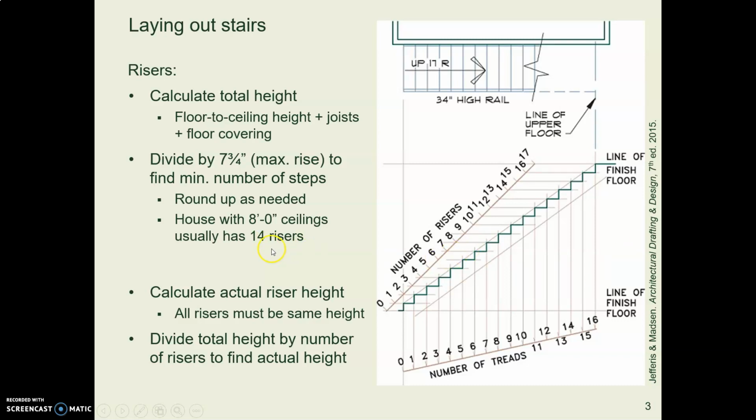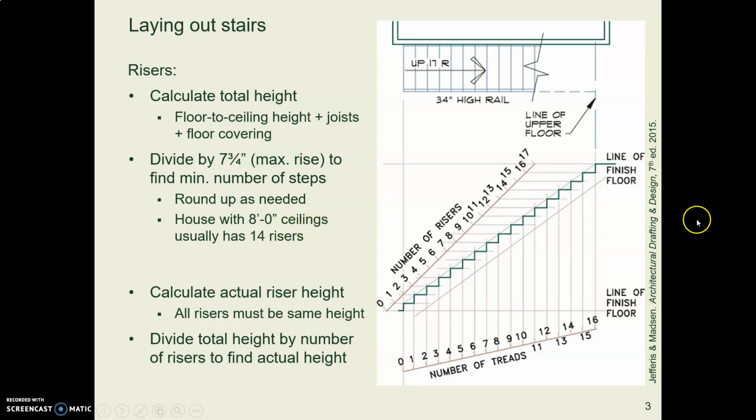So let's say you took your total rise, you divided it by 7 3/4, and you found out you would have 14.4 risers. Well, that's not an even number of steps. You can't have any steeper, so you can't round down. So if you got 14.4 risers, you'd better round up to 15 risers.